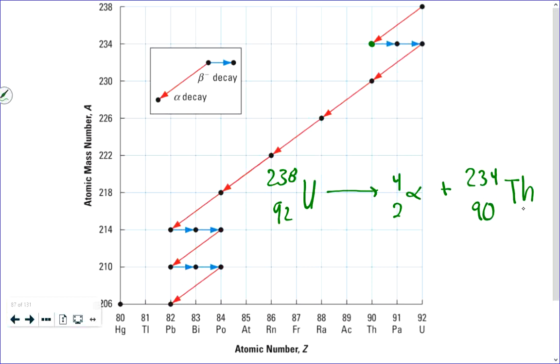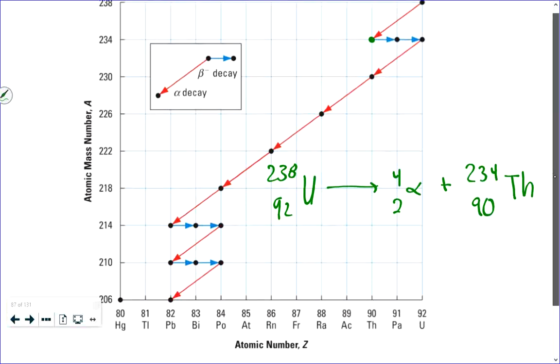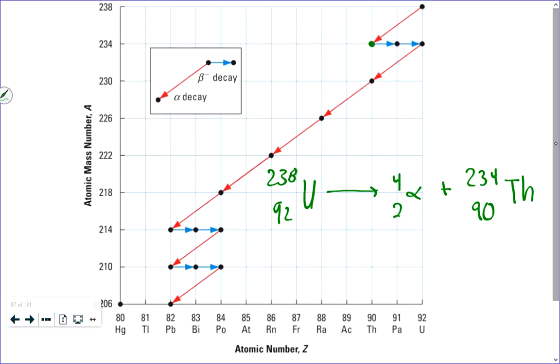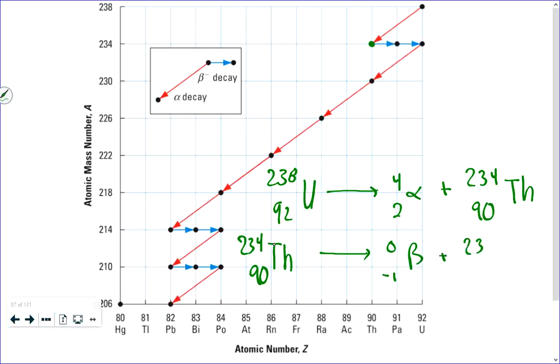What I would then do is take the thorium-234, so we're at this green dot, the thorium-234, it undergoes beta decay to get 234, but it's going to be 91, because the 91 plus the -1 has to give you the 90. And then we could look up 91, and 91 is protactinium.